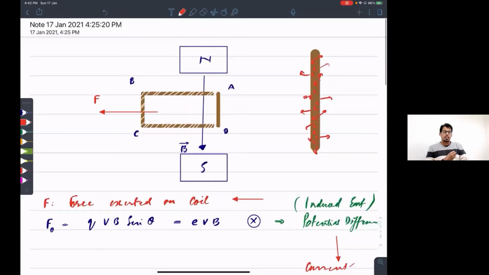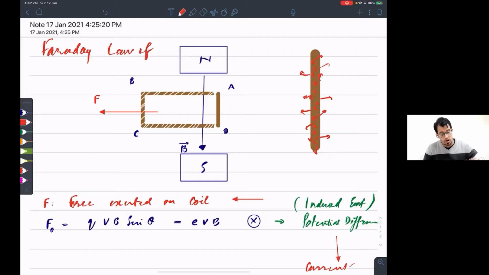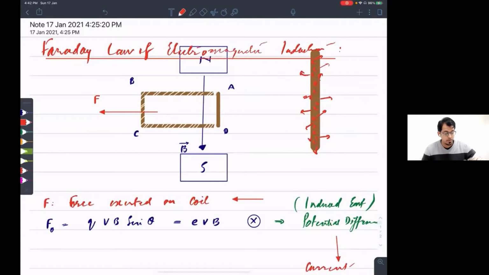The first scientist who actually elaborated all this was Faraday. So the topic we are going to discuss is basically Faraday's law of electromagnetic induction. But before that, just tell me one more time.